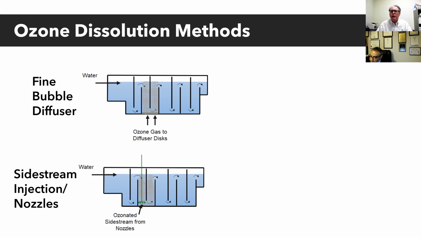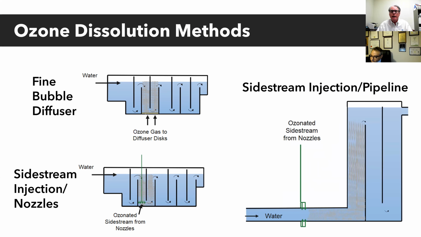These methods should be evaluated on the cost criteria from the previous slide. If you look at the different ozone dissolution methods, there's the fine bubble diffusers, there's side stream injection with basin nozzle manifolds, and then there's side stream injection using a pipeline that Saad just showed for his one case study.